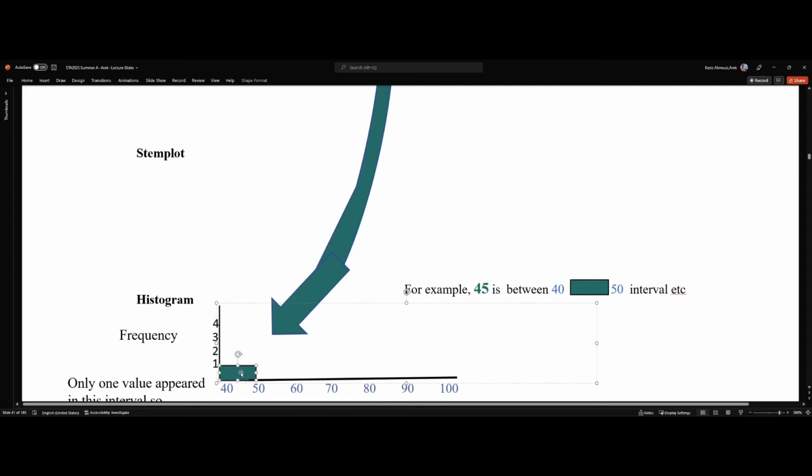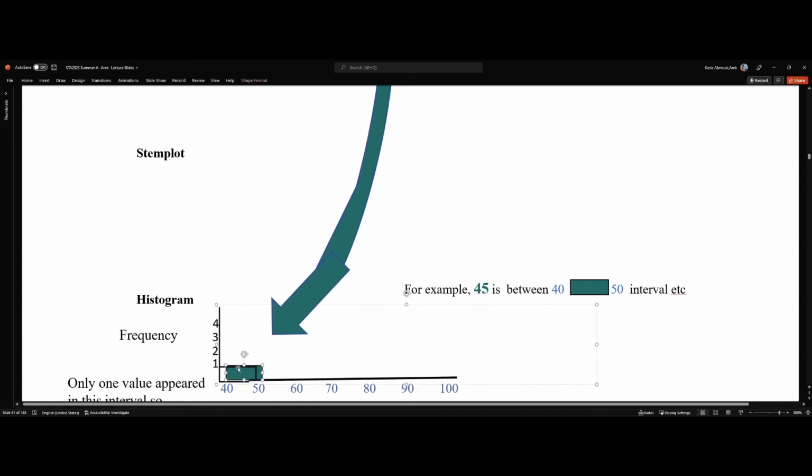It's called a bin or bucket. If we had 45, 46, 47, so 3 numbers, we would put 3. Right now we have just one number contained in this interval, so we just have one bin.